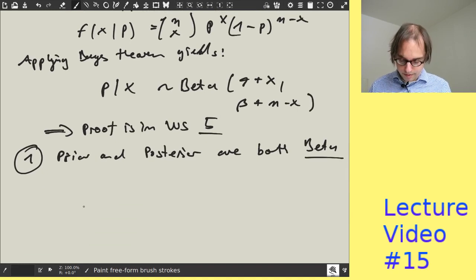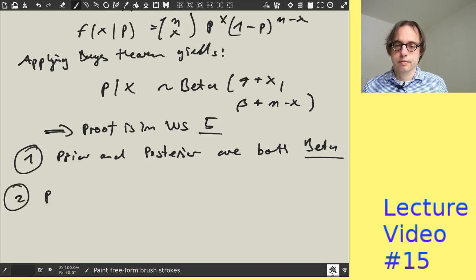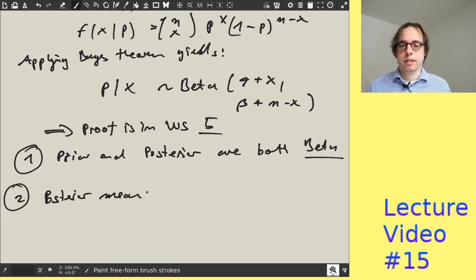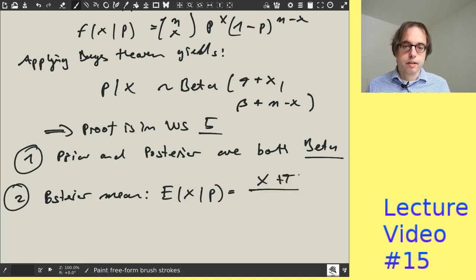The posterior mean, which we can view as a point estimate, is the expectation of p given x, and that turns out to be x plus alpha divided by n plus alpha plus beta.